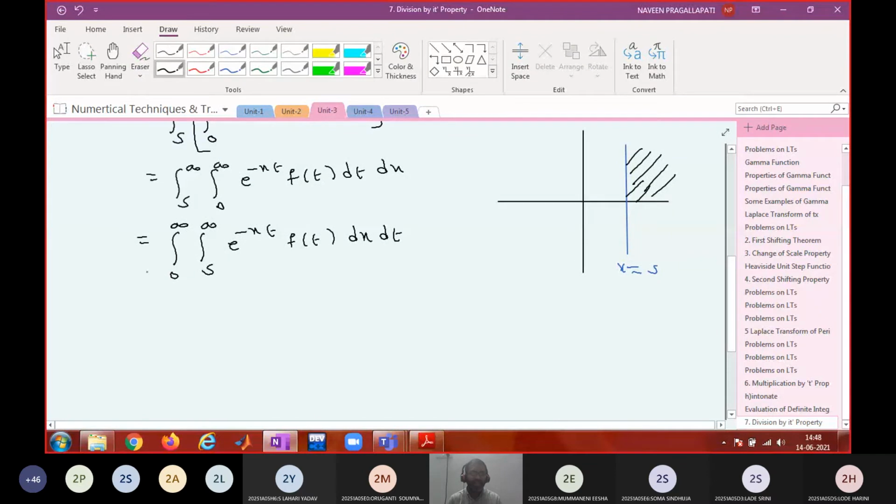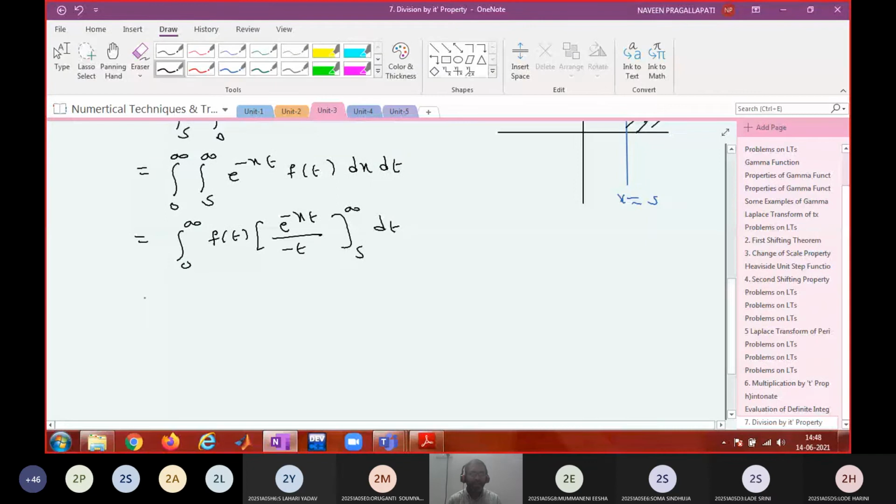What is integration of e power minus xt with respect to x? It is e power minus xt by minus t, because you are integrating with respect to x, the constant will be t, with the limits from s to infinity, dt. So what is the upper limit?